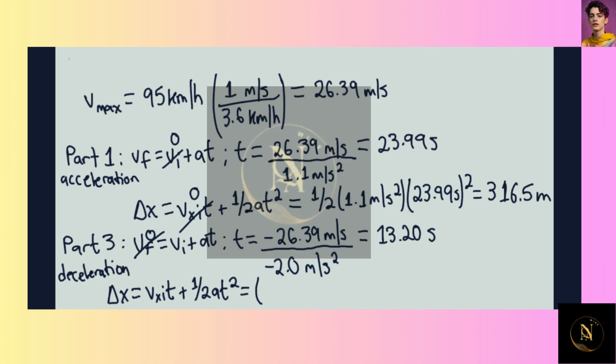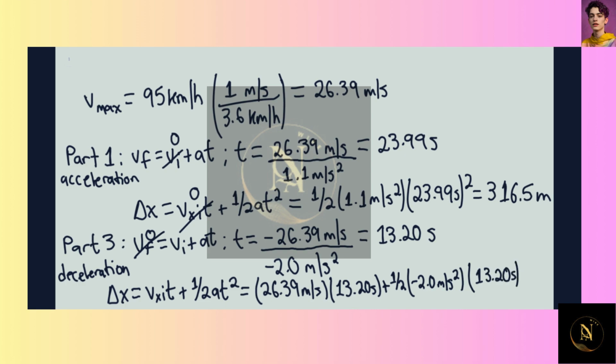This would be equal to 26.39 meters per second multiplied by 13.20 seconds plus 1/2 times negative 2.0 meters per second squared multiplied by 13.20 seconds quantity squared. And we find that here delta x is going to equal 174.1 meters.